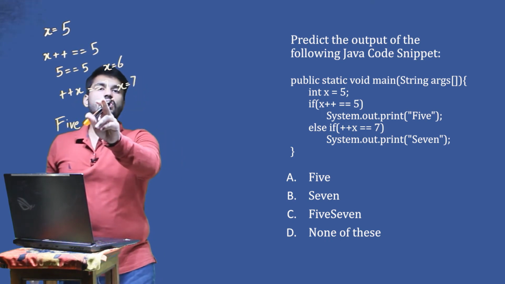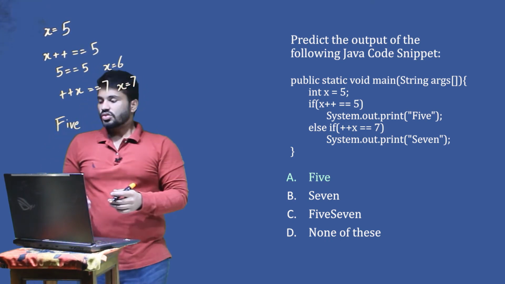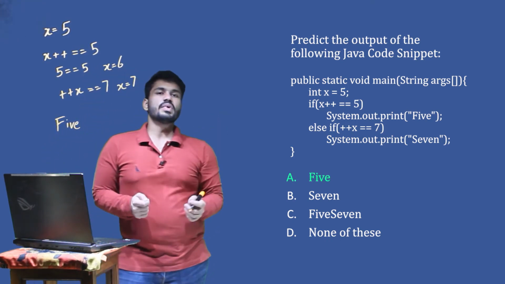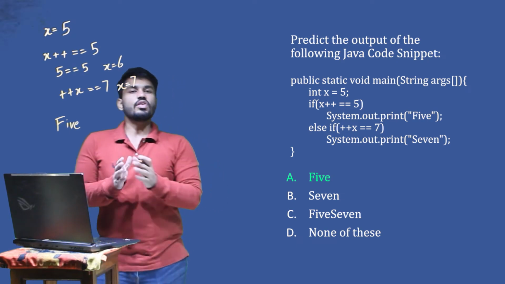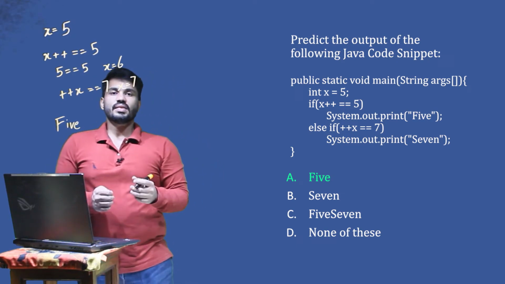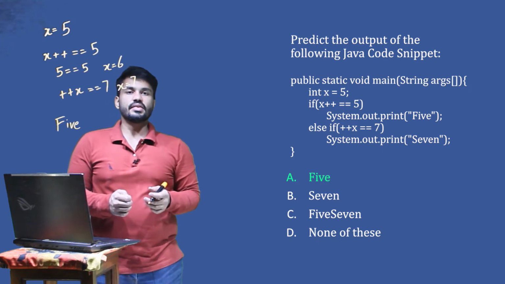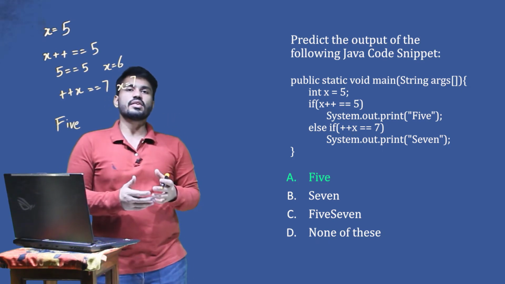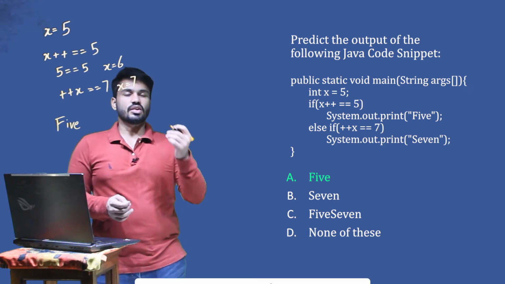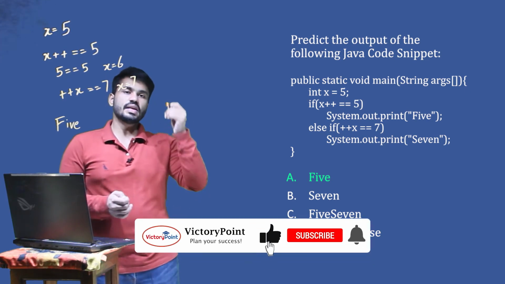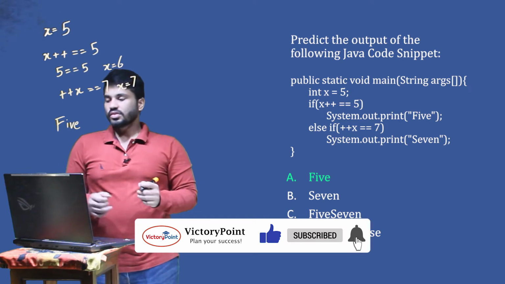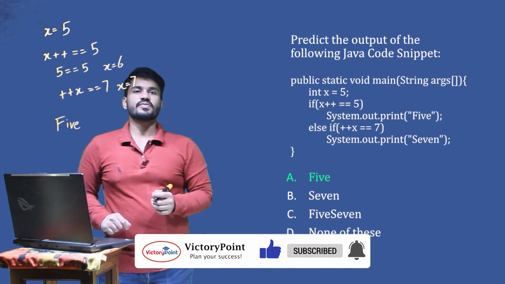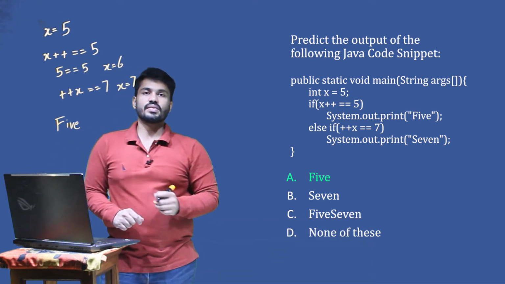So 7 equal to 7 is true. So the condition inside the else if statement is also true. But we will not execute those statements because in an if else if ladder, when the first condition becomes true, the remaining conditions are not even checked. The control flow straight away goes to the end of the ladder. So the answer will be 5 and not 5, 7.